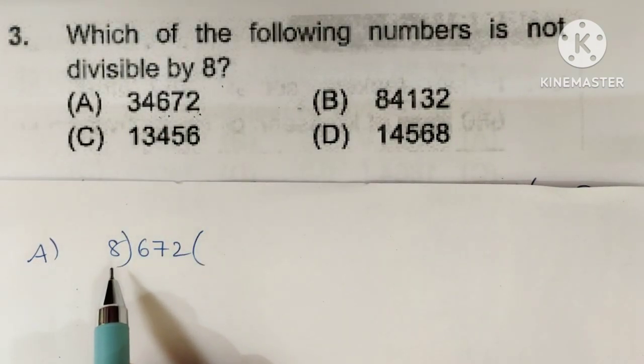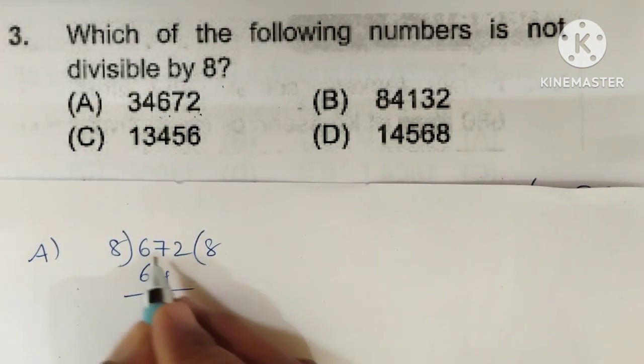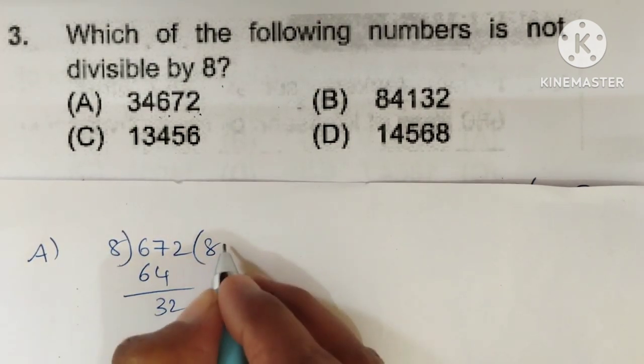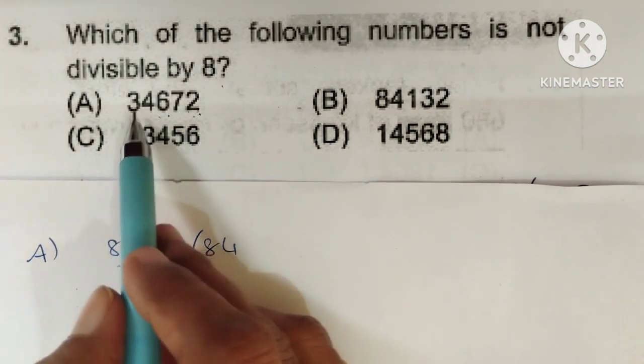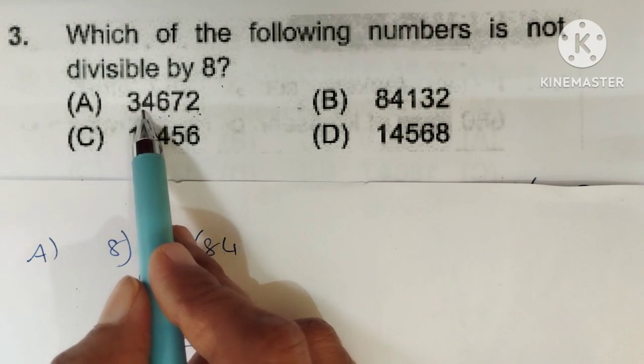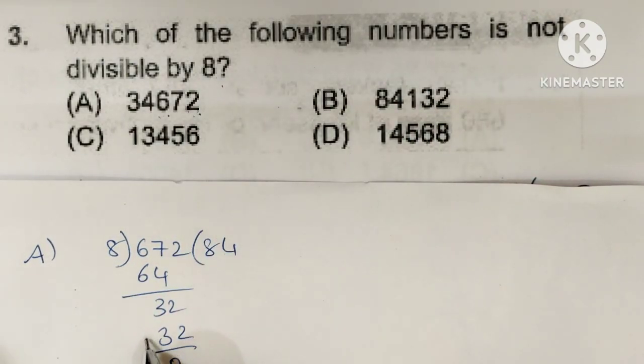Now I am going to check with the 8 table. 8 8s are 64, 8 4s are 32. So the total number is divisible by 8, but in the question we need the number which is not divisible by 8. So option A is not correct.